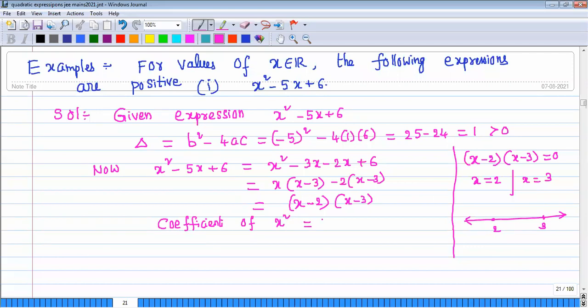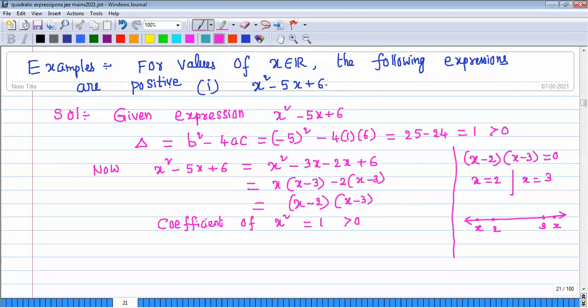It is 1, that is positive. So remember, it should be positive, which means the x value must be either here or here. Am I correct or not? Since the coefficient of x square is positive, whenever x is less than alpha or x greater than beta, they have the same sign.